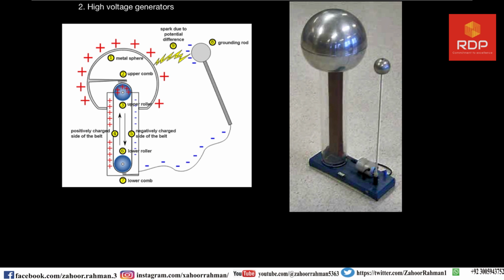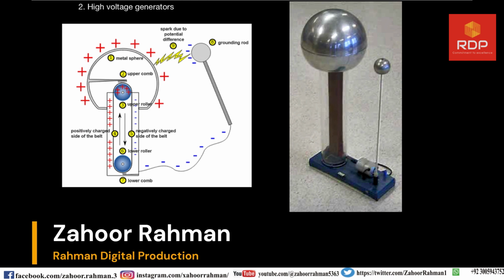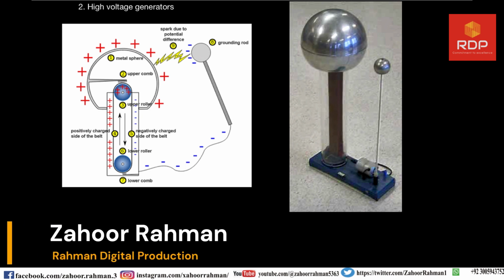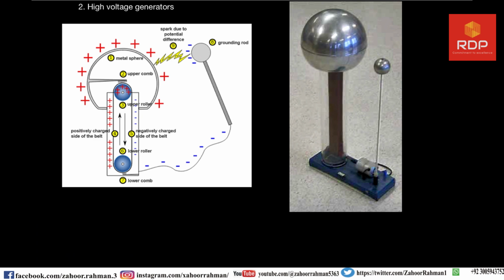These are rolling, carrying positive charges upward, so that the metal sphere is positively charged, and there is a negatively charged plate which is moving down, and that negatively charged plate is connected with the grounded rod. When you bring this grounded rod nearer to the metal sphere, there will be a spark due to the potential difference. So in this way they can generate a potential difference of 14 million volts.